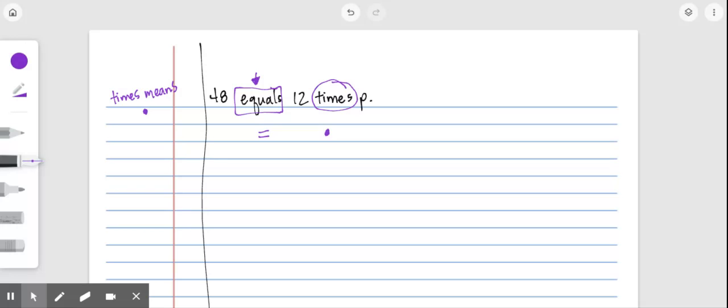It says 48 equals, so I put 48 on the left-hand side. Nothing else is on the left-hand side with that equals. And then on the right, I've got 12 times p, so I do it in the same order because there's no word than or from, so it stays 48 equals 12 times p. Cool, we've created an equation. Awesome job.